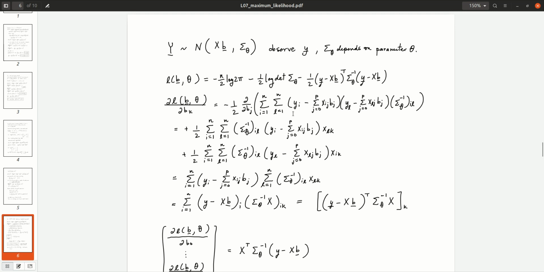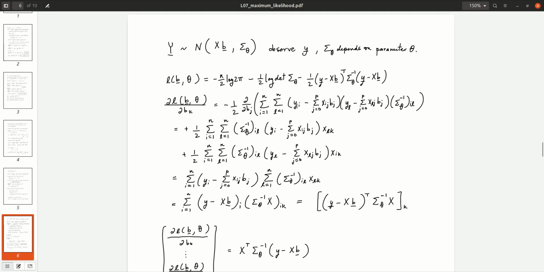So this is the I entry, y_i minus the sum j equals 0 to p. This is the matrix multiplication Xb, looking at the ith entry of that vector. And here's the same thing, but for the lth entry, y sub l minus the sum j equals 0 to p of x_lj b_j. So this is just the summation form of the quadratic form. And this should say b sub j. So, sorry, b sub k.